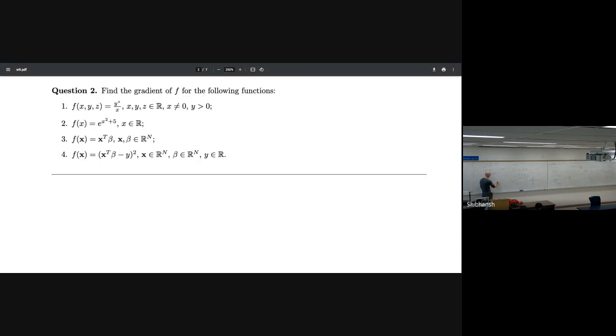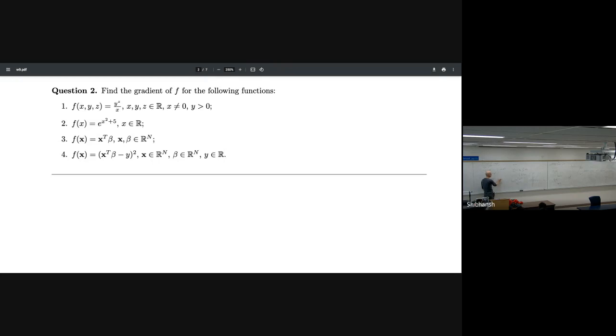So f prime, that's 2 times what's inside. That's x transpose beta minus y times the derivative of this. You take the derivative of this, then, okay, subtraction, addition, distributes over derivatives.